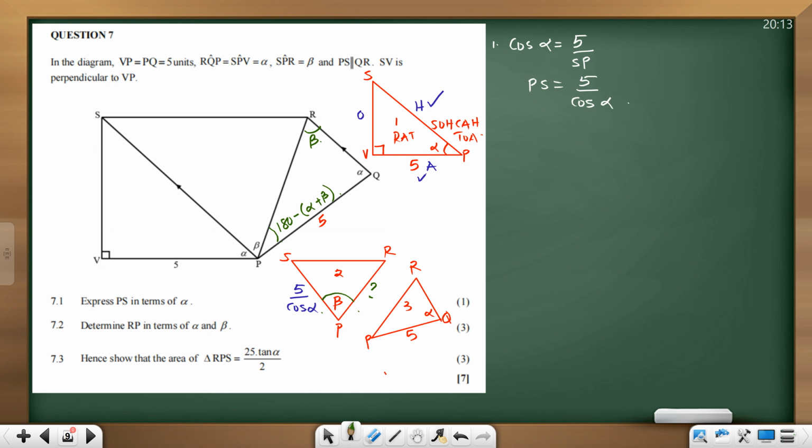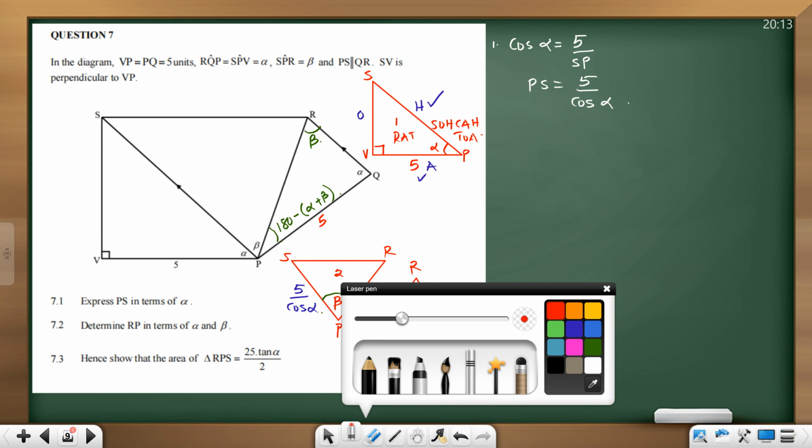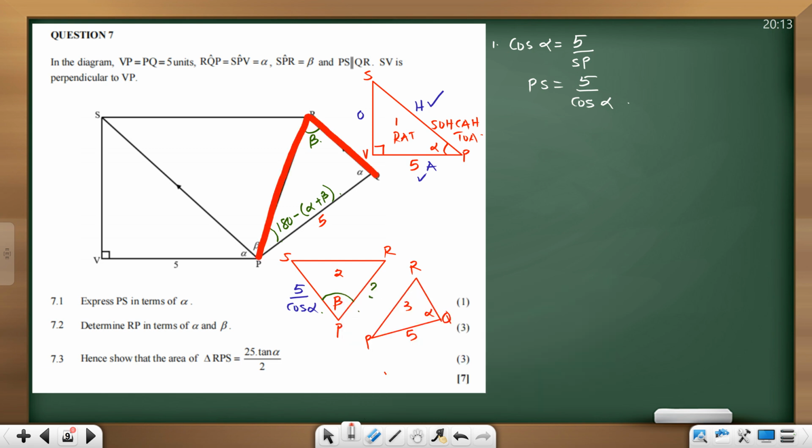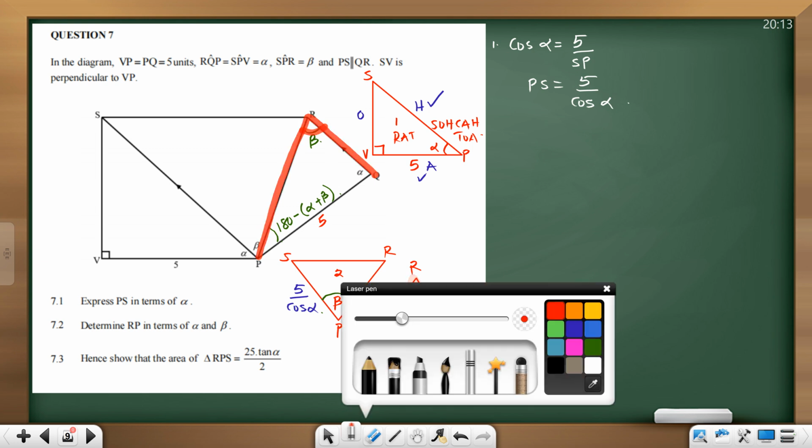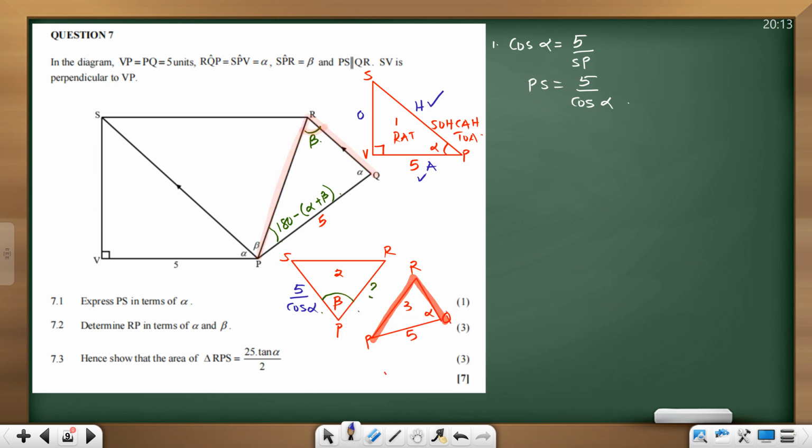R is now, please watch, PRQ, that is beta. And we want RP. Oh, RP is also here. Do you see RP there in terms of alpha and beta?